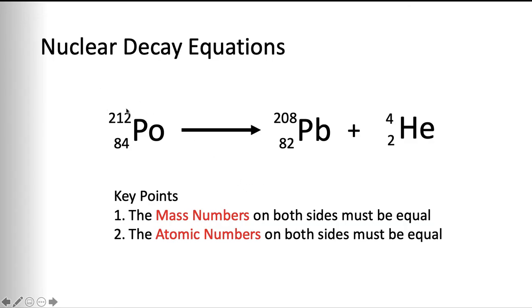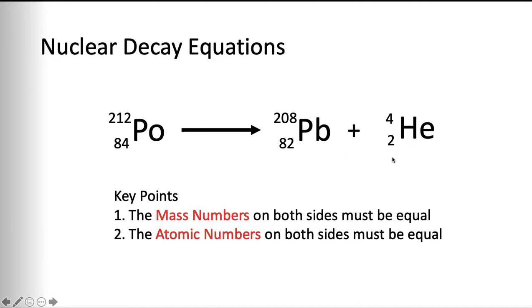So when I talk about the mass numbers on both sides must be equal, this mass number up here for polonium has to be equal to the mass numbers for both of these on this side. The mass number on the right side is the sum of 208 and 4 from the alpha particle. And you can see that gives me 212, which is equal to 212 over here. As I'm looking at the bottom numbers over here, this is my Z number or atomic number for polonium, and it has to be equal to the Z numbers, the bottom numbers, on the right hand side.